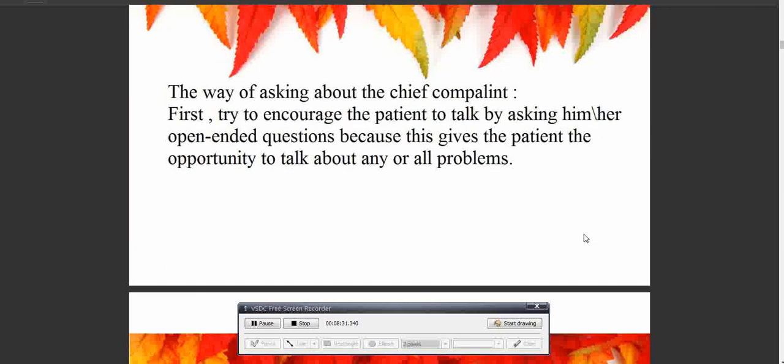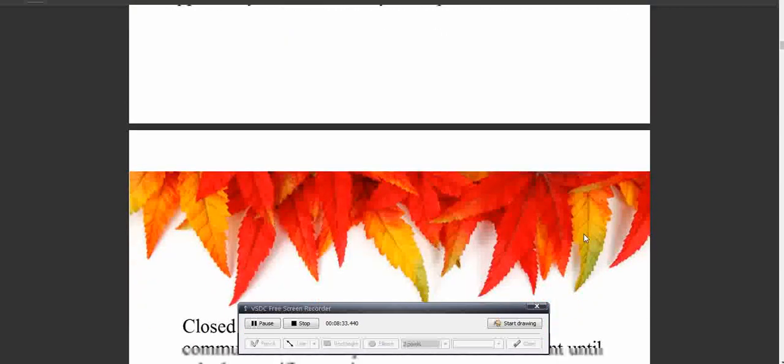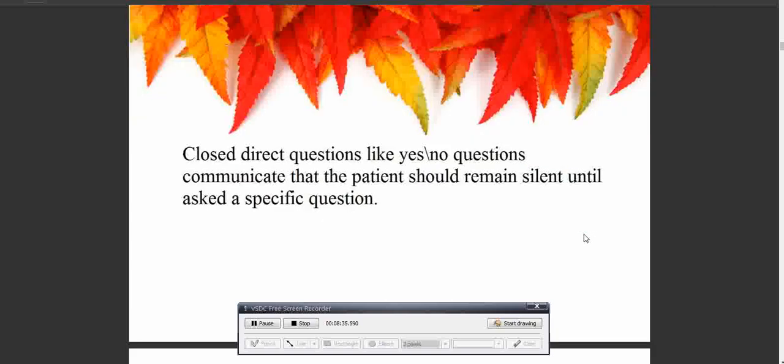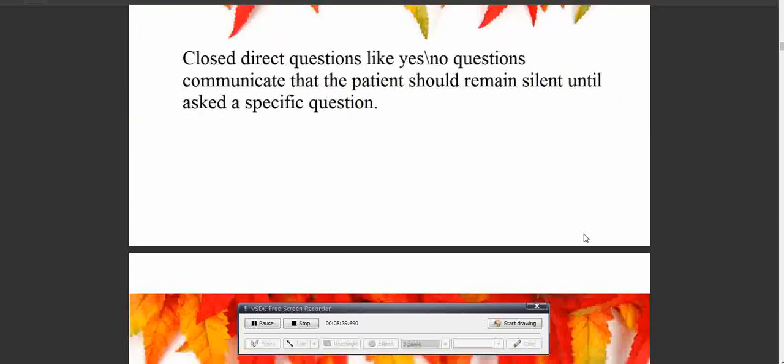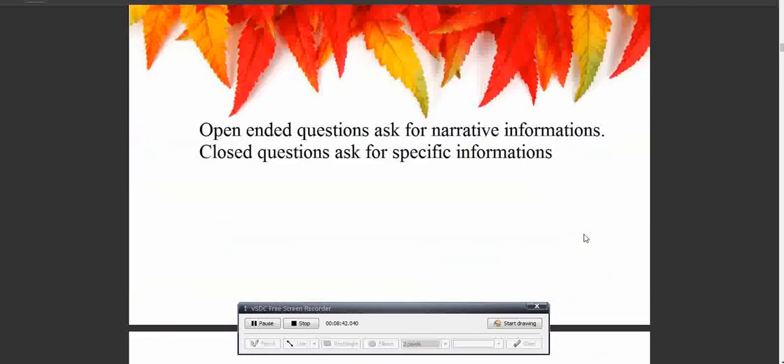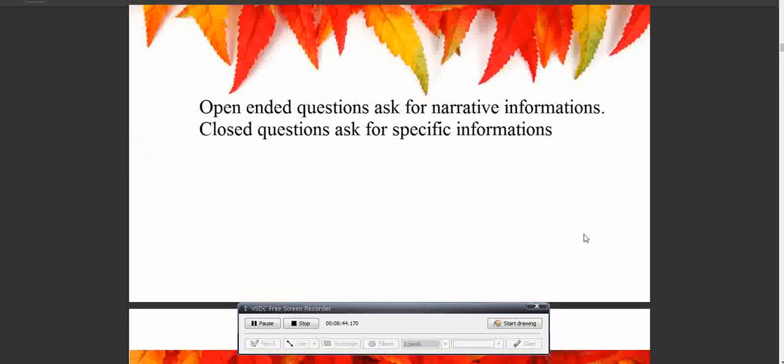You are also supposed to inform the patient to be silent until asked a specific question. But when you're using open-ended questions, you ask for narrative information. Open-ended questions give the patient a variety of perspectives, or chances to speak everything about the condition. So closed questions ask for specific information, while open-ended questions give out narrative information.